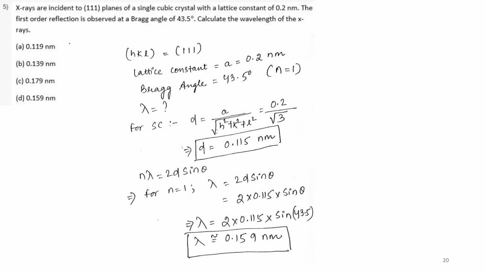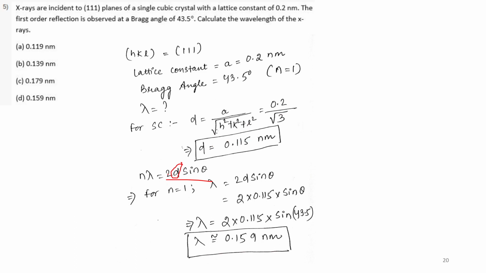So for getting the lambda value, we know Bragg's formula: n lambda is equal to 2d sin theta. We need the d value. For finding the d value, it will be a divided by root of h square plus k square plus l square. That will be 0.2 divided by root of 1 plus 1 plus 1, which is root 3. So 0.2 divided by root 3 will be 0.115 nanometer.